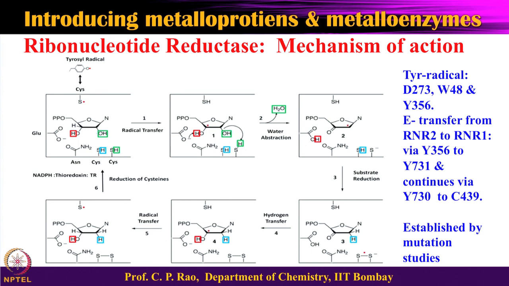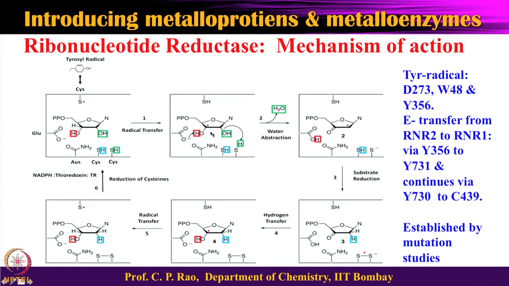Now, let us look at the mechanism of such a kind of enzyme. So, as I said, there is a radical at the tyrosine, and the C terminal is interfaced with the C terminal of the RNR1. And this radical generates a radical at the cysteine at this interface in the RNR1. And in turn this radical is transferred to the ribosyl compartment, because ribosyl is recognized and fixed exactly at this particular position, and it is selective.